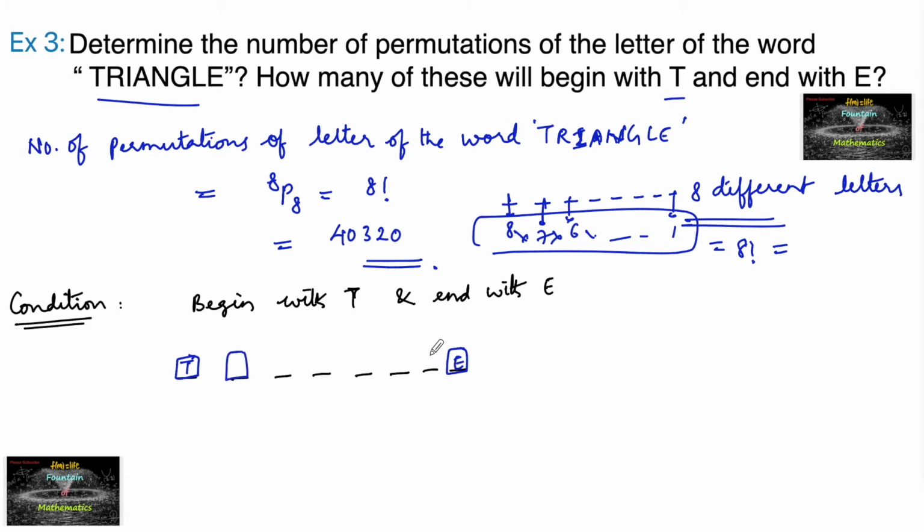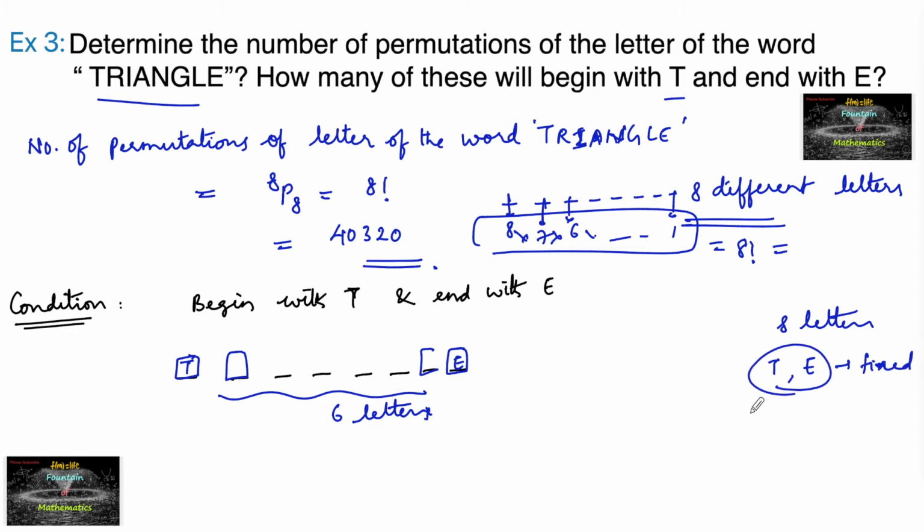Now we have to see only the remaining 6 letters. How many are left over among the 8 letters? T and E are fixed, means they are blocked now, and the remaining letters can be used: R, I, A, N, G and L. So total 6 letters are there.